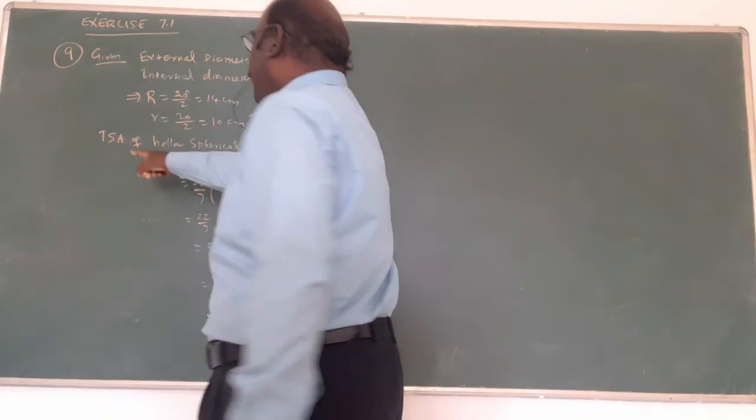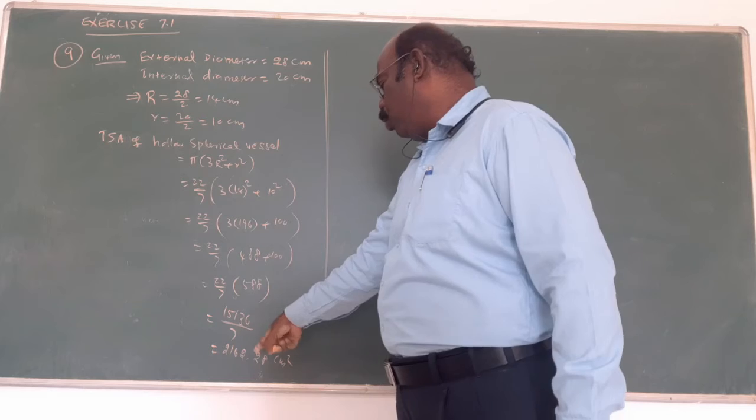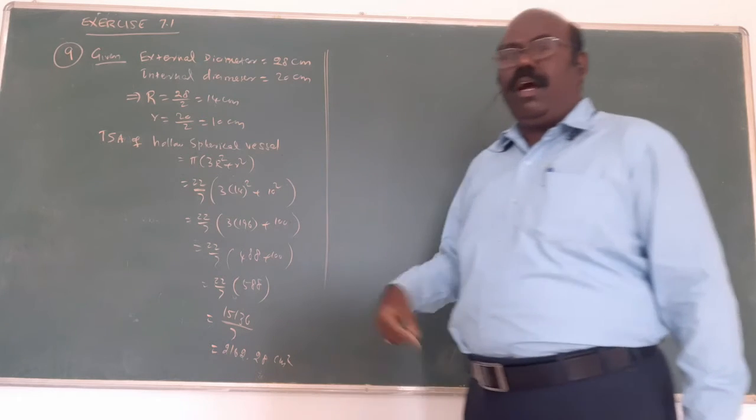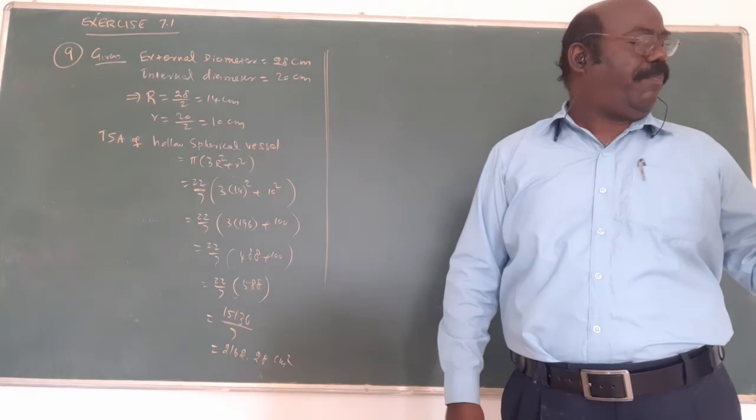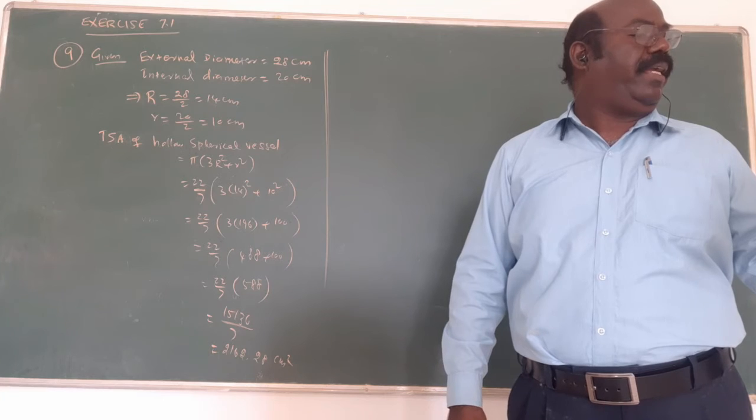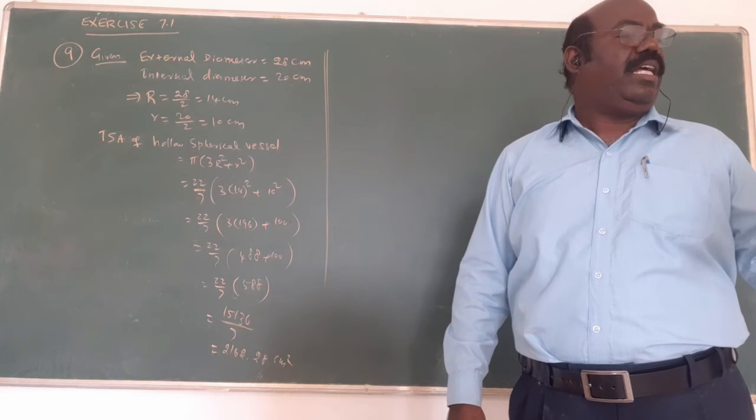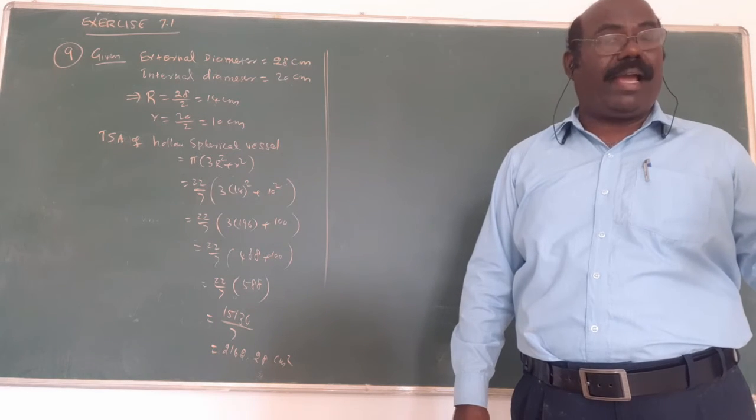After finding the total surface area of the hollow spherical vessel, 2162.28 centimeter square, what is being asked? Find the cost of painting the vessel all over at 0.14 rupees per centimeter square.